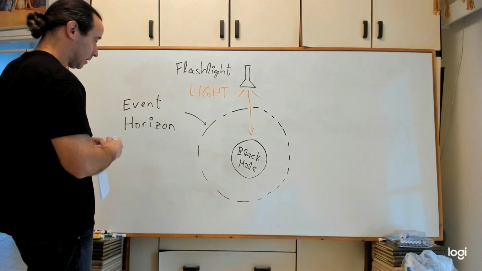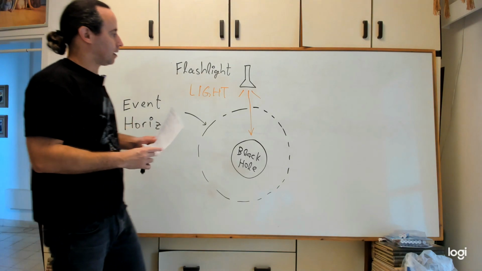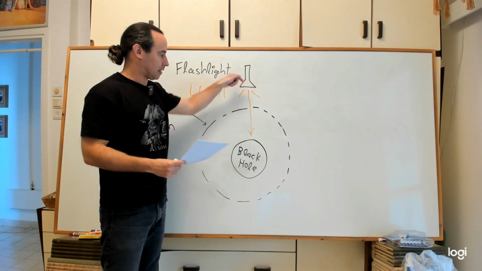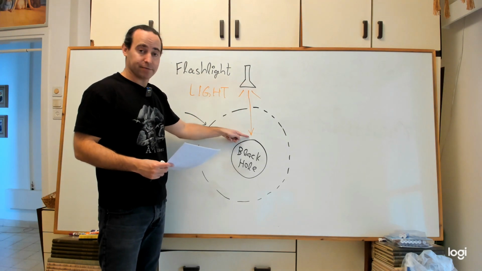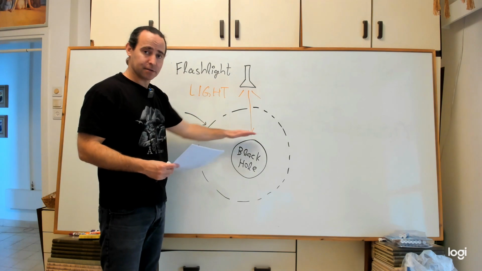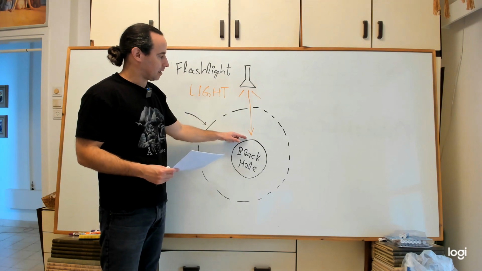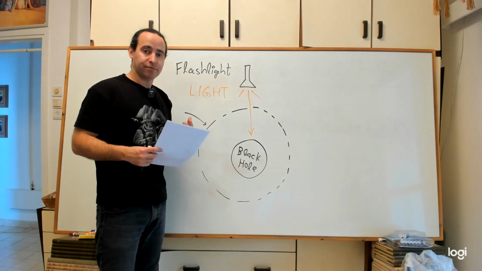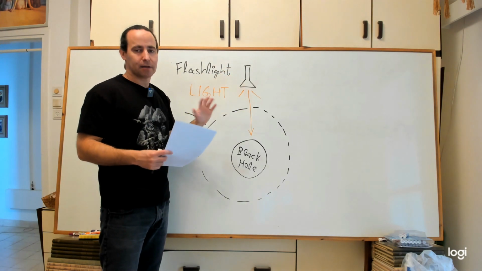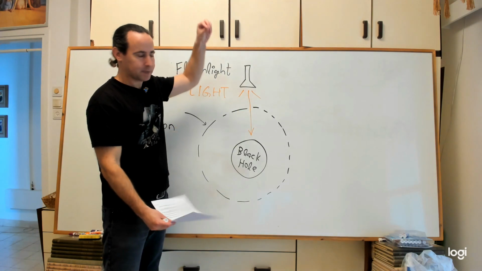Okay, and we cannot see what happens if we stand here. We cannot see what happens when the light gets to the ground level, the surface of the black hole. But from the point of view of the light, if we were the light, we would die because we would get spaghettified.